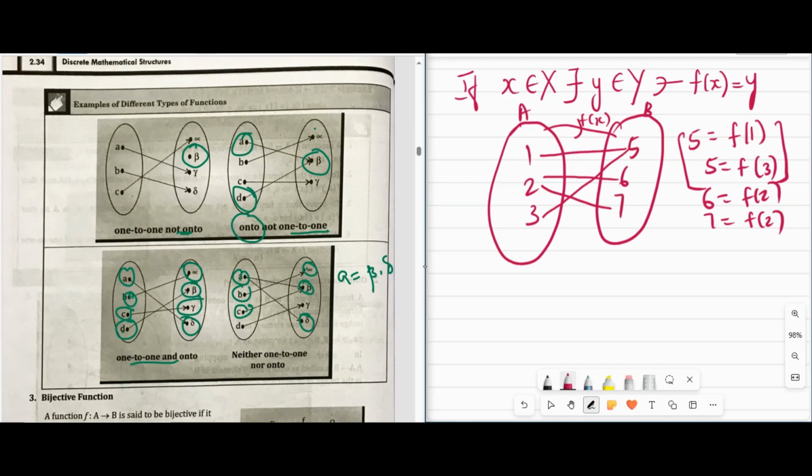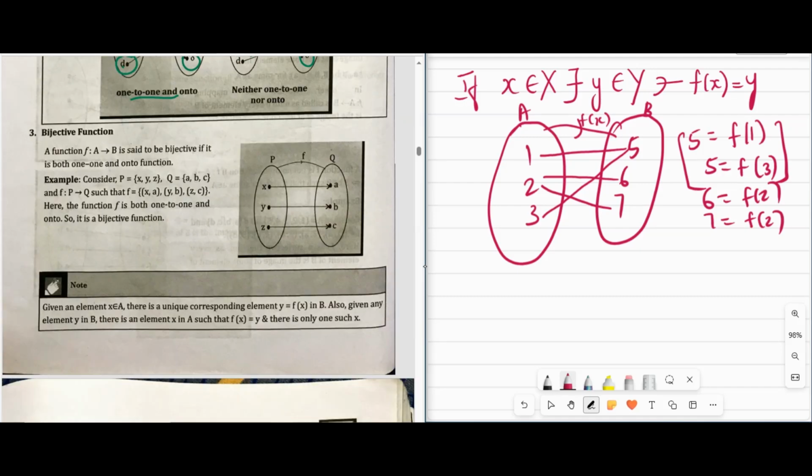Yes, it has one pre-image. Okay, so every element is there. Therefore, it is neither one to one nor onto.